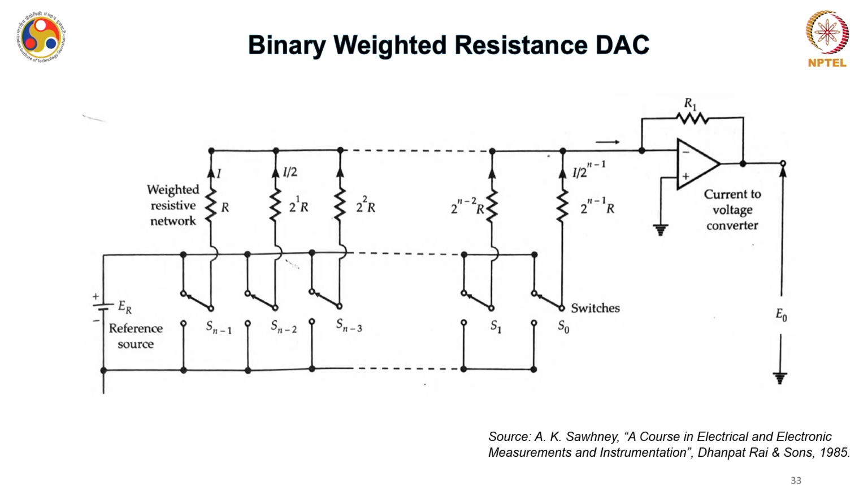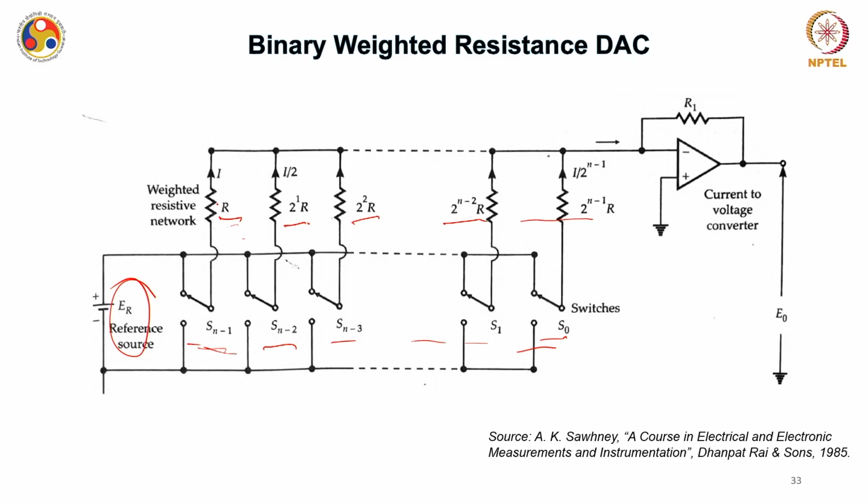Now, this is a typical binary weighted resistance based DAC. You can have a look at this particular configuration. You have these switches S N-1, S N-2 and so on to S0. This is the reference source, and these are the weighted resistive network, R, 2 power 1 R, 2 power 2 R and so on.